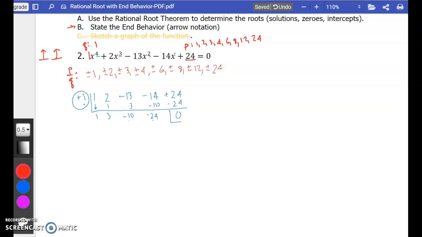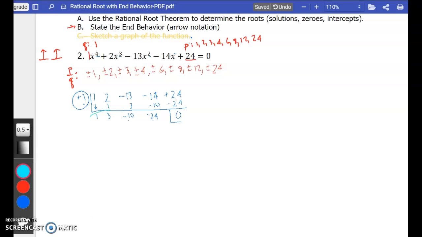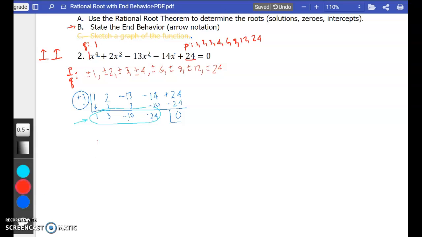Next up, I'm going to use these values here for my next synthetic division. So I have 1, 3, negative 10, negative 24.